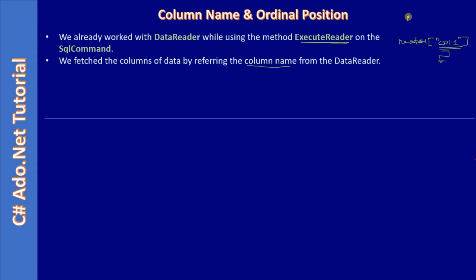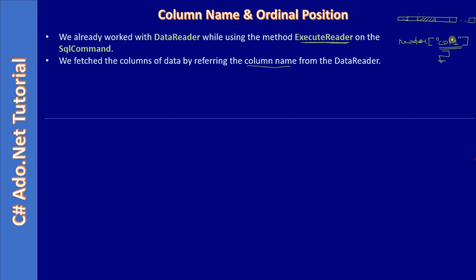If the row contains multiple columns, let's say 20 columns, and you specify a column name, it needs to compare each column by name. It's a character by character comparison. After finding the matching column, it will return the data.